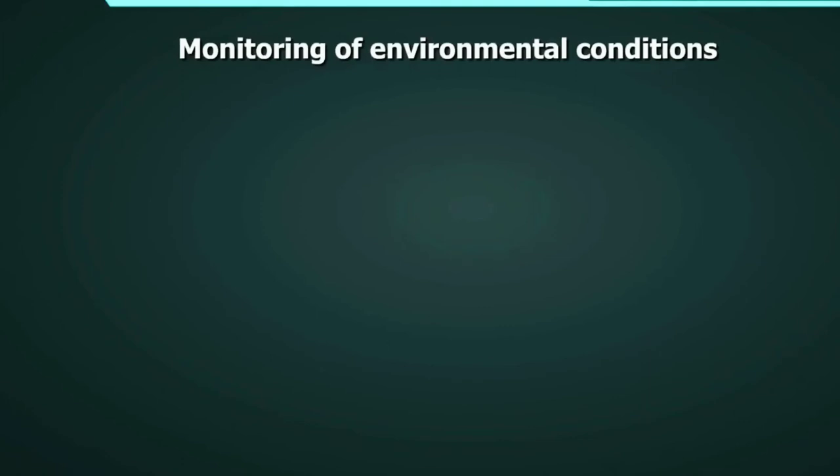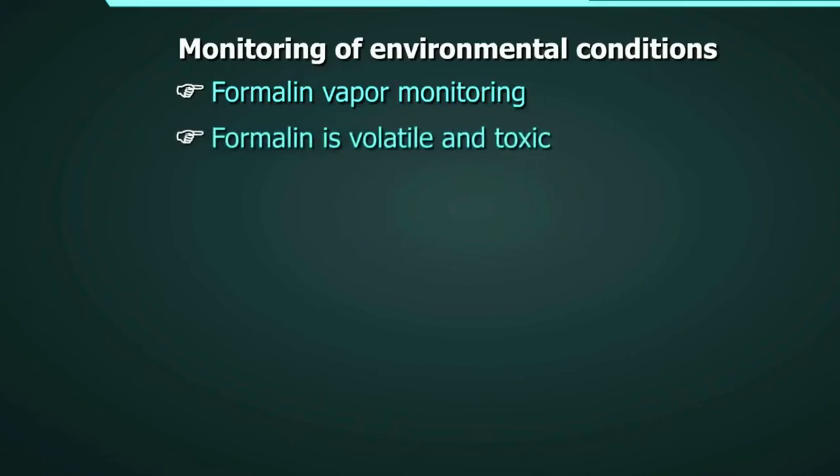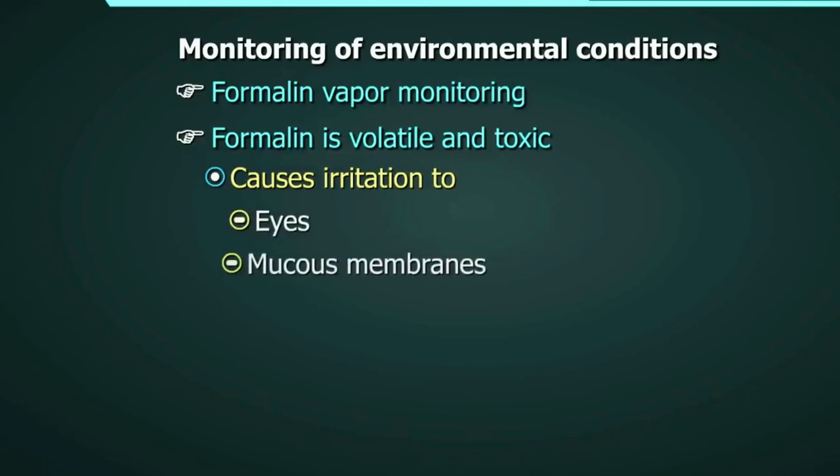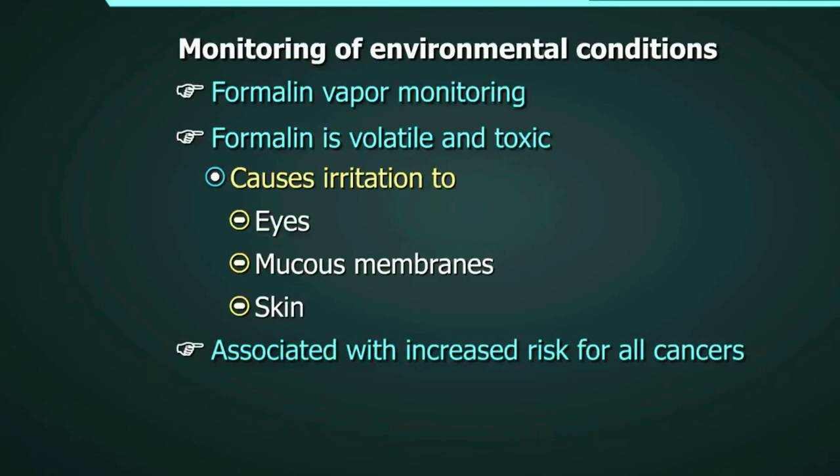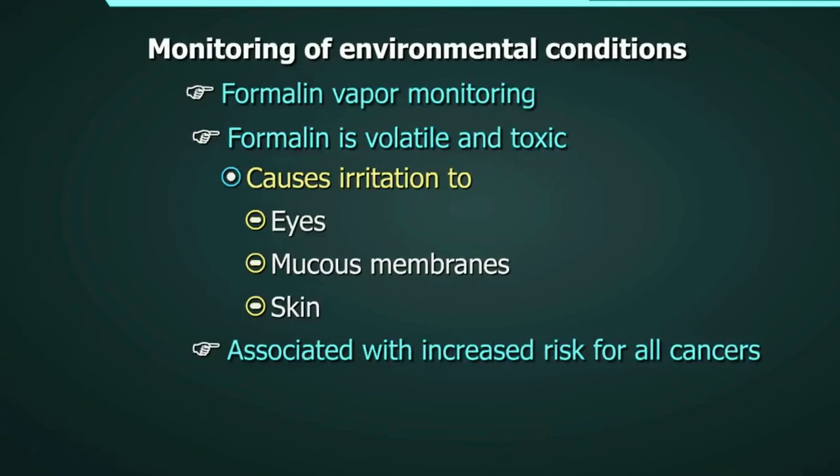Monitoring of environmental conditions. Apart from temperature and humidity, formalin vapor monitoring forms are an important record in a histopathology laboratory. Formalin is volatile and toxic and causes irritation to the eyes, mucous membranes, and skin, and is associated with increased risk for all cancers.